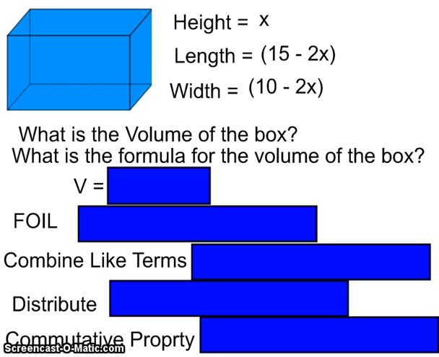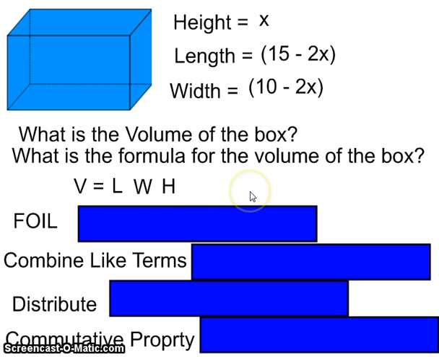All right, so now we're going to come up with a formula for the volume of the box. All right, so you already know the basic formula for the volume of any box. The formula for the volume of the box is length times width times height.